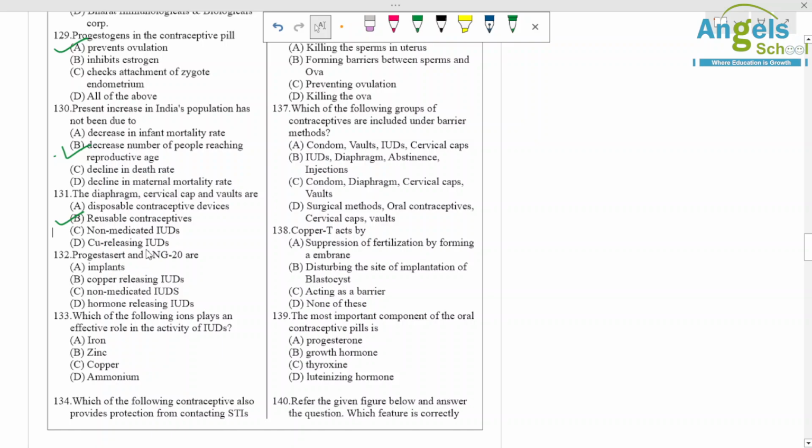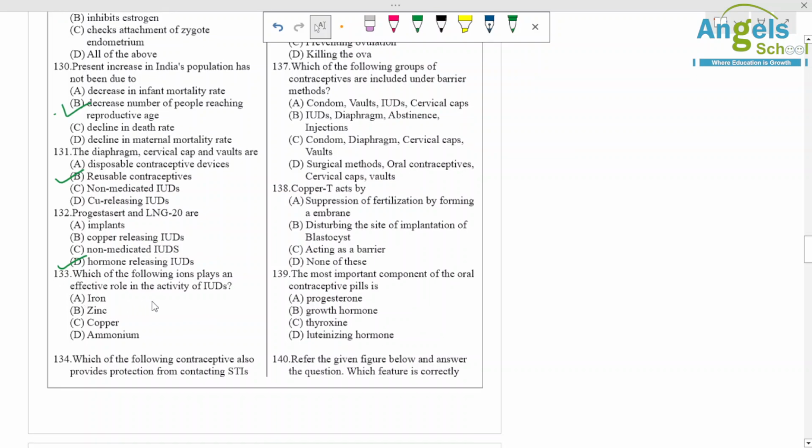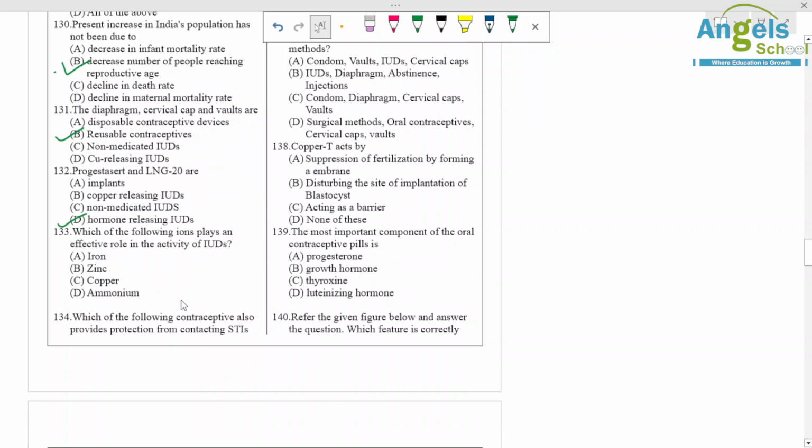Progestasert and LNG20 are hormone releasing IUDs. Which of the following ions plays an effective role in activity of IUDs? So a famous example of IUD is copper T. So copper ion plays an important role in this case.